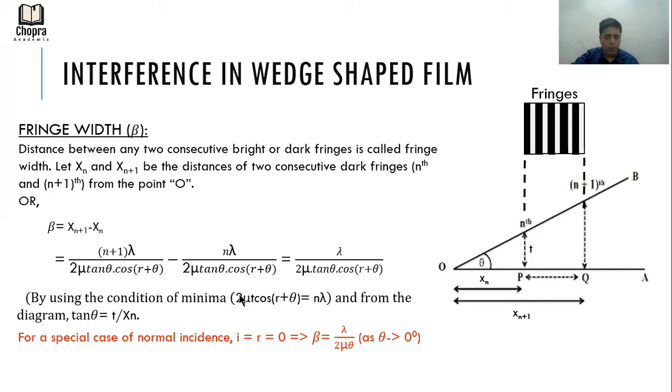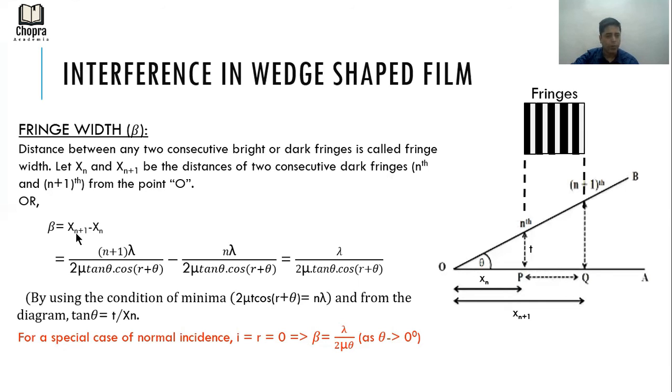Or we find T is equal to n lambda by 2 mu cos(r plus theta) from the condition of minima. Similarly, T for the n plus 1 fringe will be (n plus 1) times lambda by 2 mu cos(r plus theta). Once I know these two thicknesses, I can now find the xn and xn plus 1 which are needed for finding the fringe width.